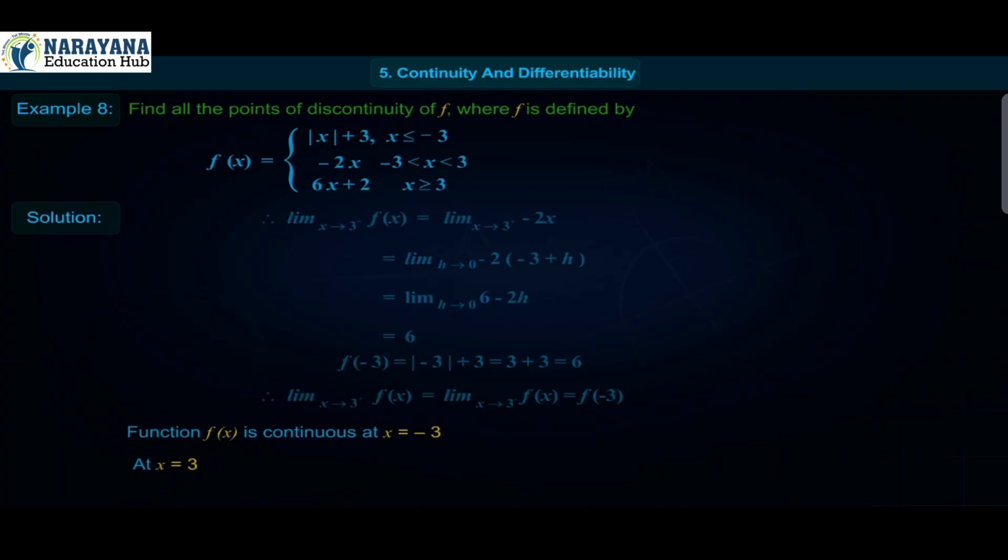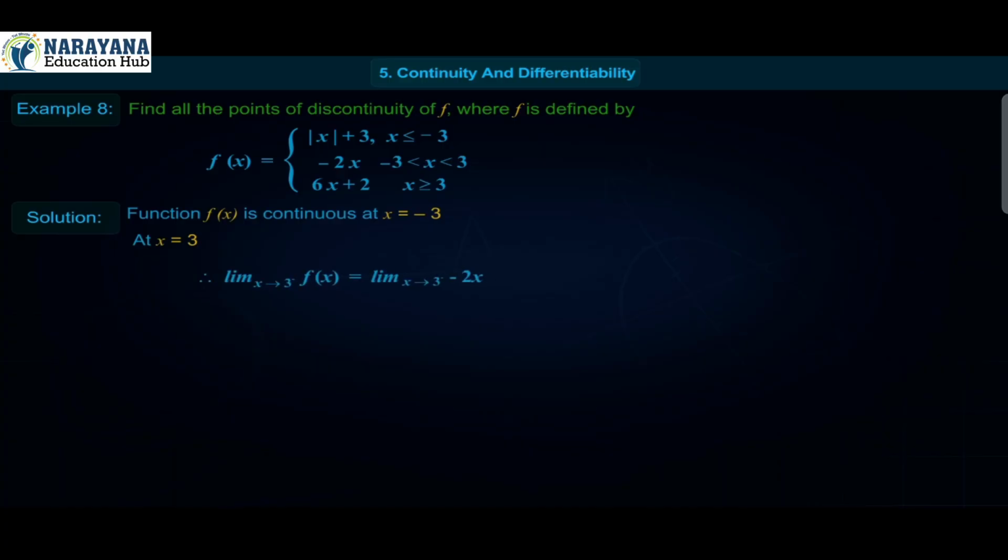At x = 3, limit x tends to 3 minus f(x) is equal to limit x tends to 3 minus of -2x, which is limit h tends to 0 of -2 times (3 - h), which is limit h tends to 0 of -6 + 2h, which is -6.